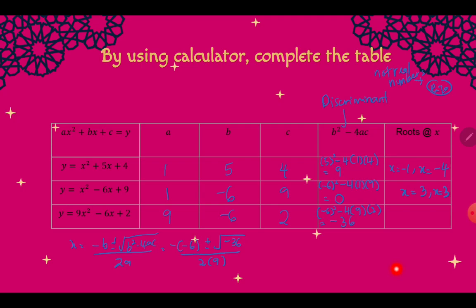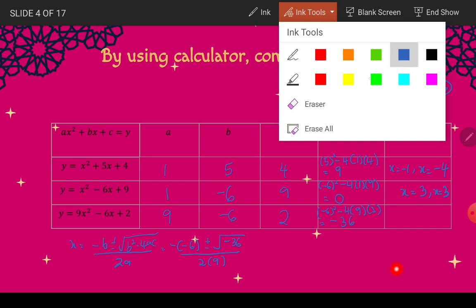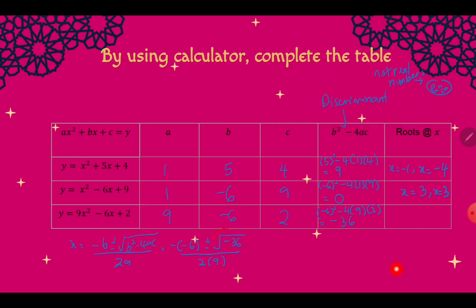As you can see, what we've learned so far is that a square root number cannot be negative, because we are talking about real numbers. However, in mathematics, when we have the square root of a negative number, it is a kind of number that we call a complex number.